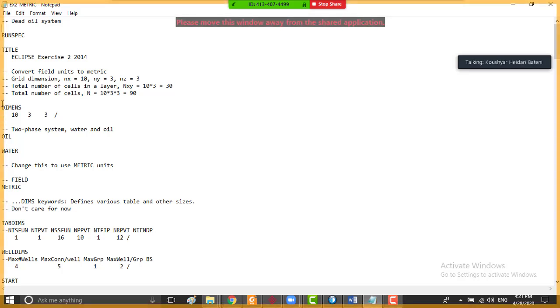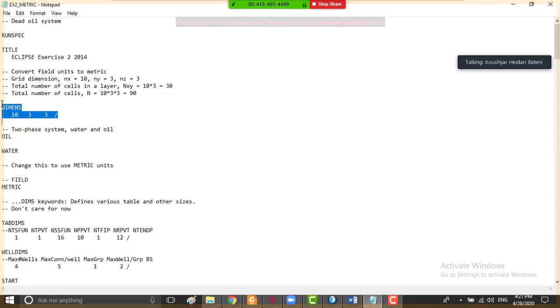In the dimension section, here I've decided to have 10 matrix blocks in the x direction, 3 matrix blocks in the y direction, and 3 matrix blocks in the z direction. What does that mean? How many matrix blocks I'm gonna have in overall.